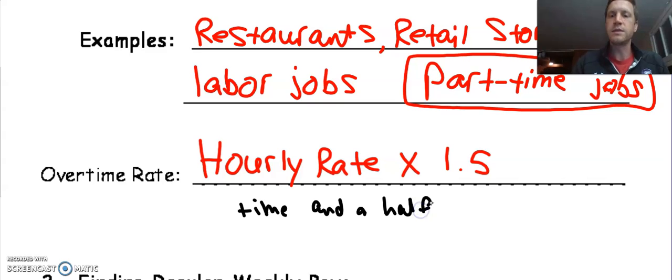And what that means is you're going to get paid 1.5 times what you would typically get paid. So just for easy numbers, if you make 10 bucks an hour, your overtime rate would be 15 bucks an hour. So if you work 42 hours, the first 40 hours you get paid 10 bucks for every hour. And then for those extra two, your incentive for staying longer at the end of the week is they'll pay you time and a half, which means 15 bucks an hour for those two. So nice little incentive for you.